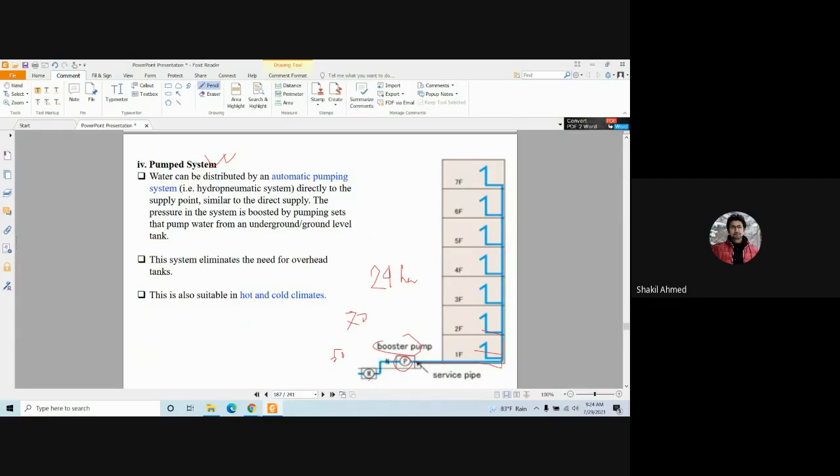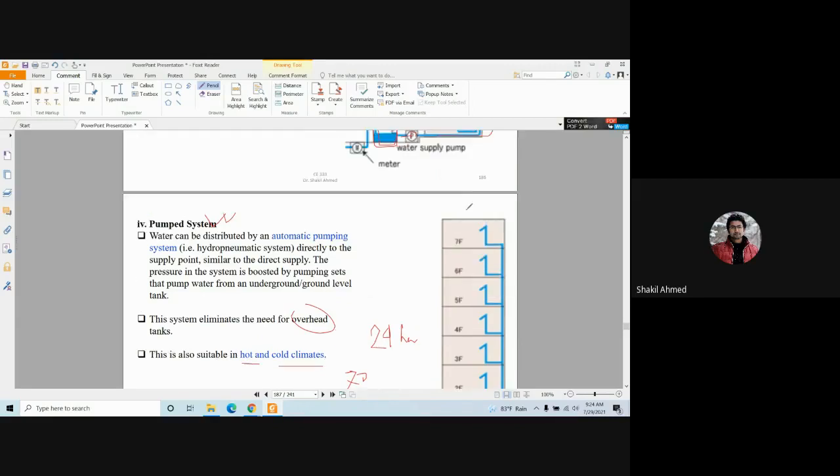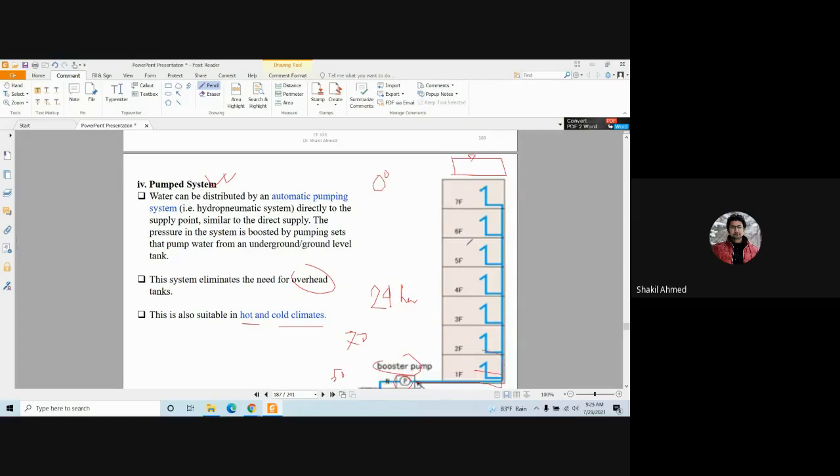Clear? Yes, sir. So this system eliminates the need for overhead tanks and is suitable for hot and cold climates. I mean, if your temperature goes below 0 degrees Celsius and you have an overhead water tank, in that case, the water may get frozen.